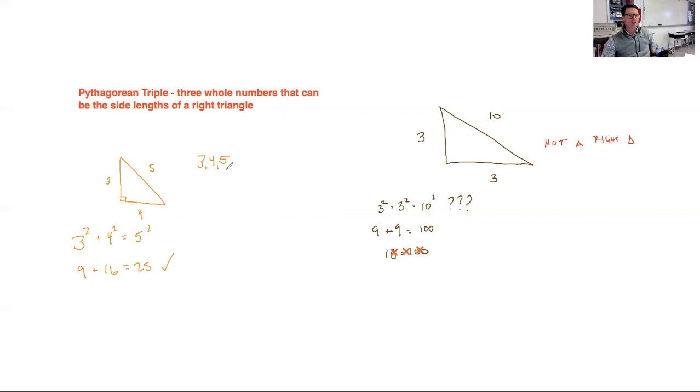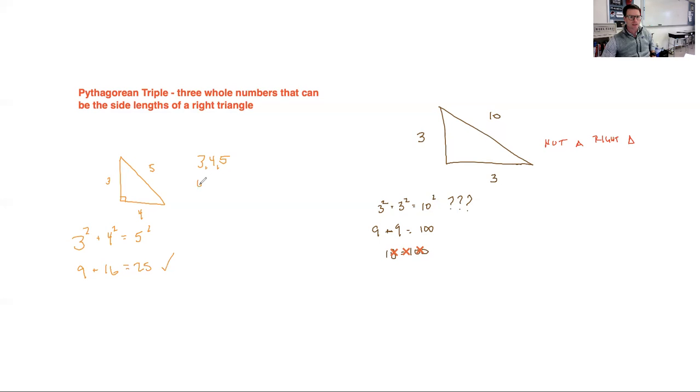And this is helpful because that basically means that anytime I have a triangle that has a leg of 3 and another leg of 4, I'm always going to know that the hypotenuse is 5, right? Always. The other cool thing is that multiples of these numbers will also be Pythagorean triples.